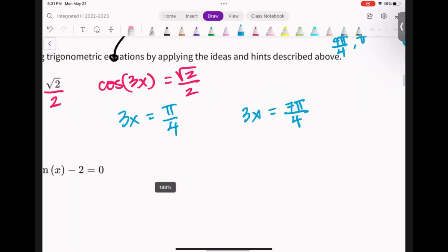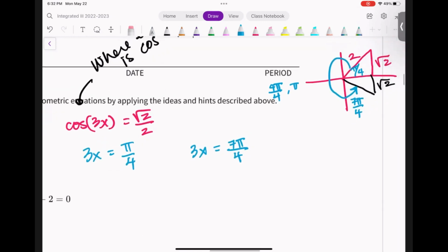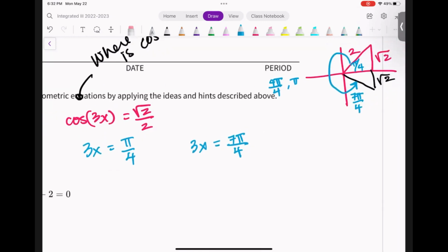Okay, so then what I'm going to do, and this is another option for you, for those of you who didn't want to look at the period. This is another way for you to do it. So I want pi over 4 plus all of the circles. So I'm going to put plus 2 pi, and plus 2 pi. I want all of those circles, okay? If I add that 2 pi, I'm going to get it there.